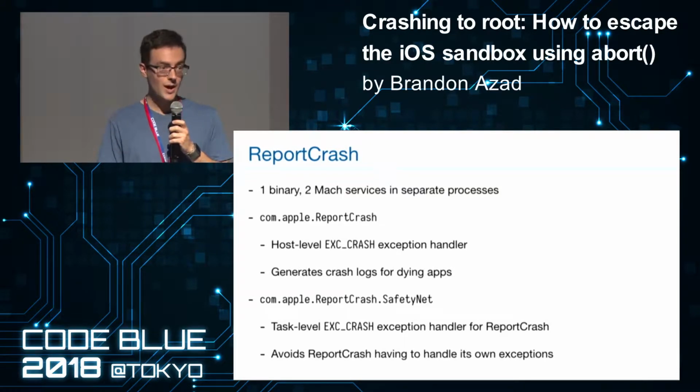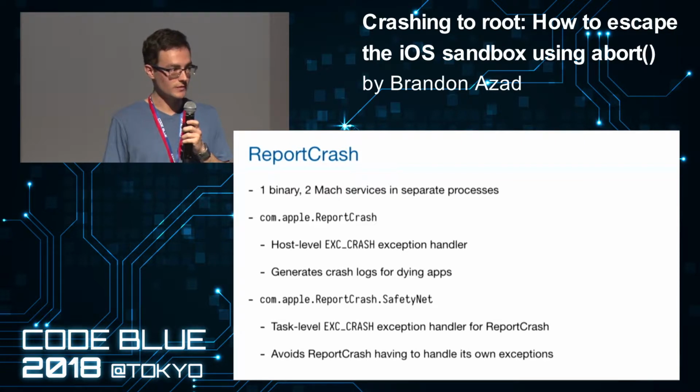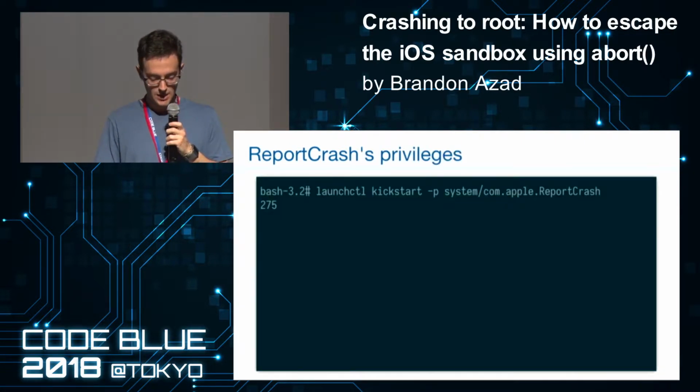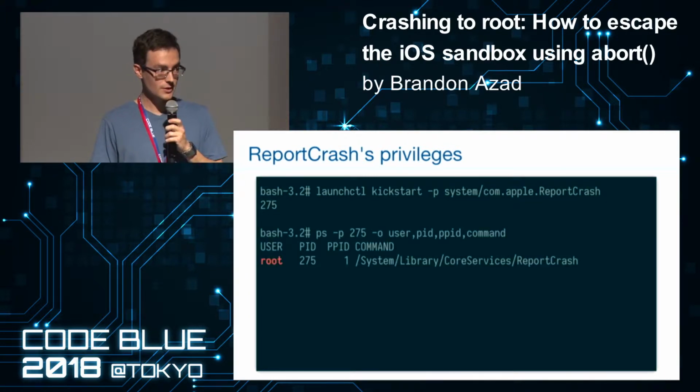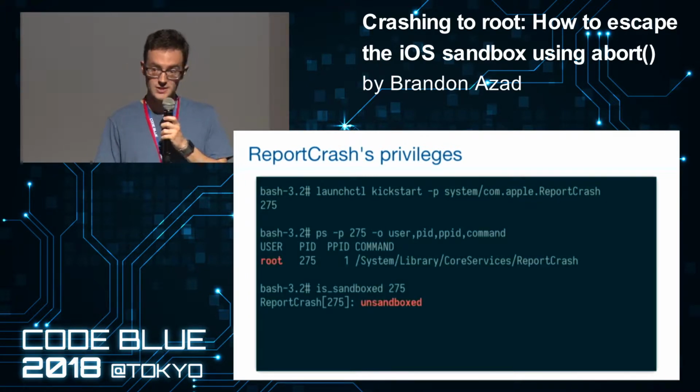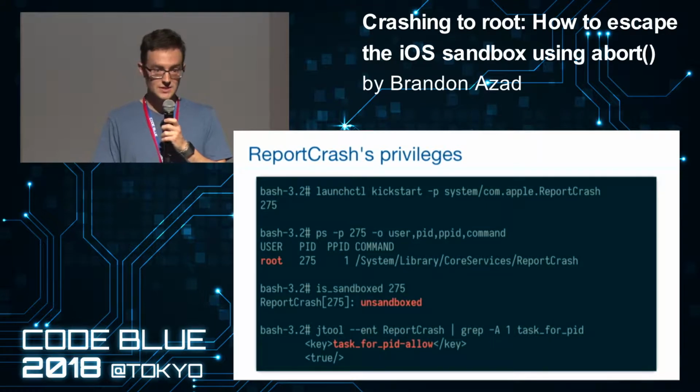So, why is reportcrash worthy of investigation? If you start an instance of reportcrash on a jailbroken device, you'll see that it runs as root, is unsandboxed, and has the coveted task_for_pid-allow entitlement. Task_for_pid-allow allows you to call the task_for_pid system call, which returns the task port for a particular PID.